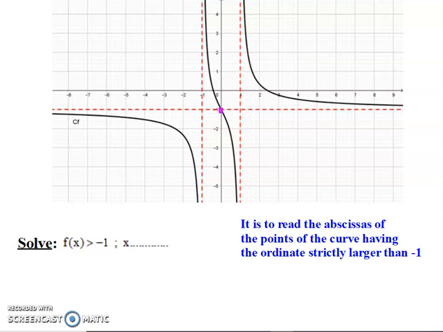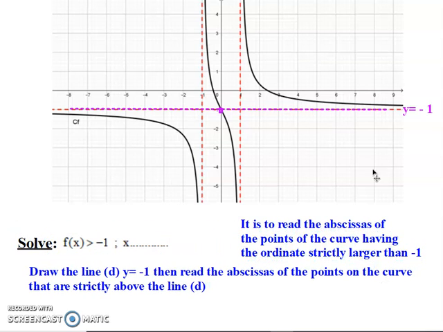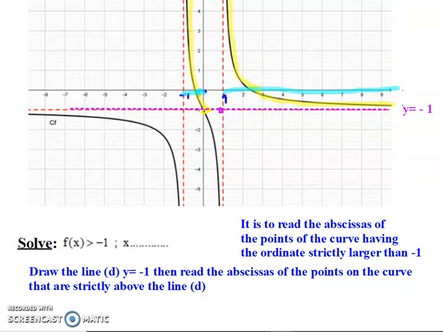We can also say we plot the line y equal -1. This is the line y equal -1. And we read the abscissas of the points on the curve that are strictly above this line. So this is the line D, y equal -1. We read the points on the curve that are above the line and not on the line.